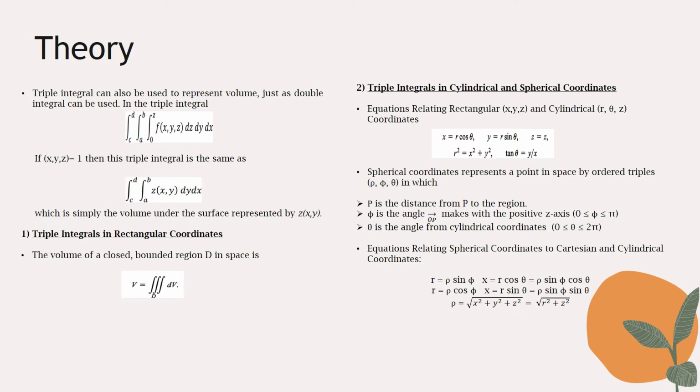Spherical coordinates represent a point in space by the ordered triple rho, phi, theta, in which rho is the distance from the origin to the point P, phi is the angle OP makes with the positive z-axis from 0 to pi, and theta is the angle from cylindrical coordinates from 0 to 2 pi.